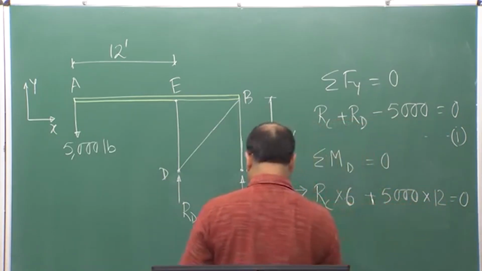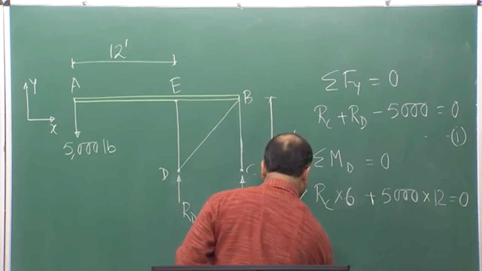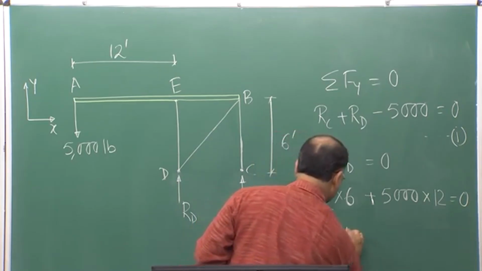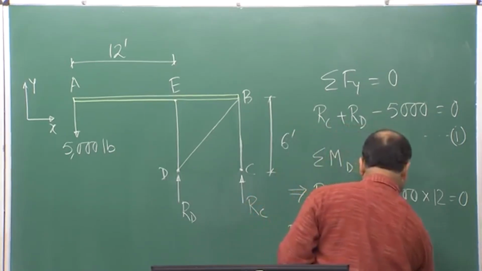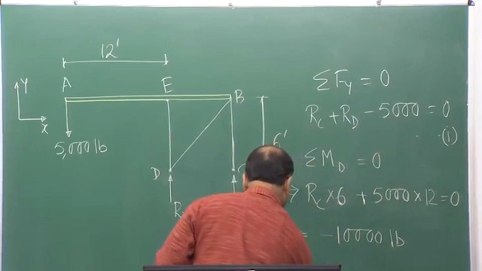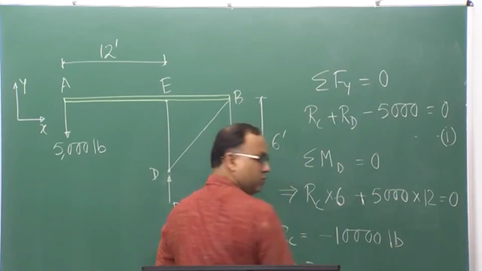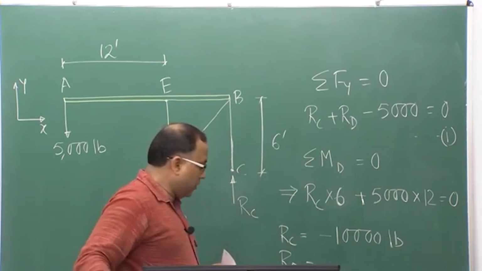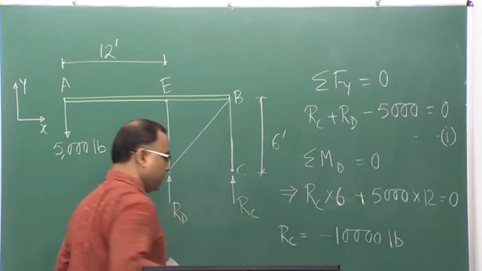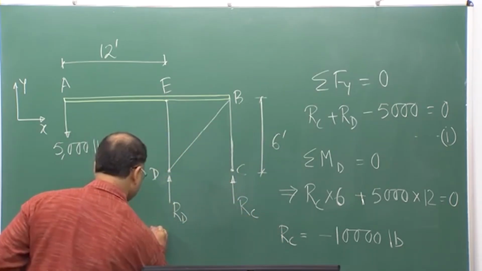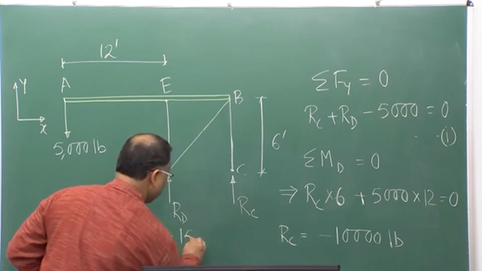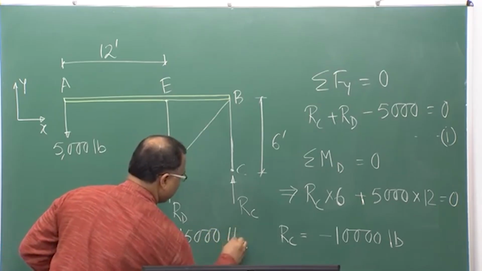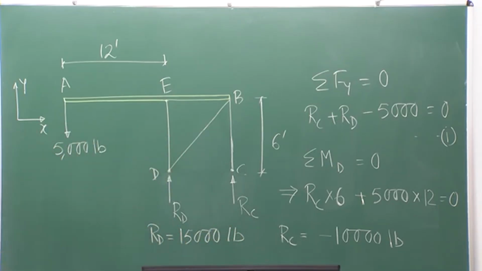From this I get RC equal to minus 10,000 pound and RD equal to 15,000 pound. So these are your support reactions.